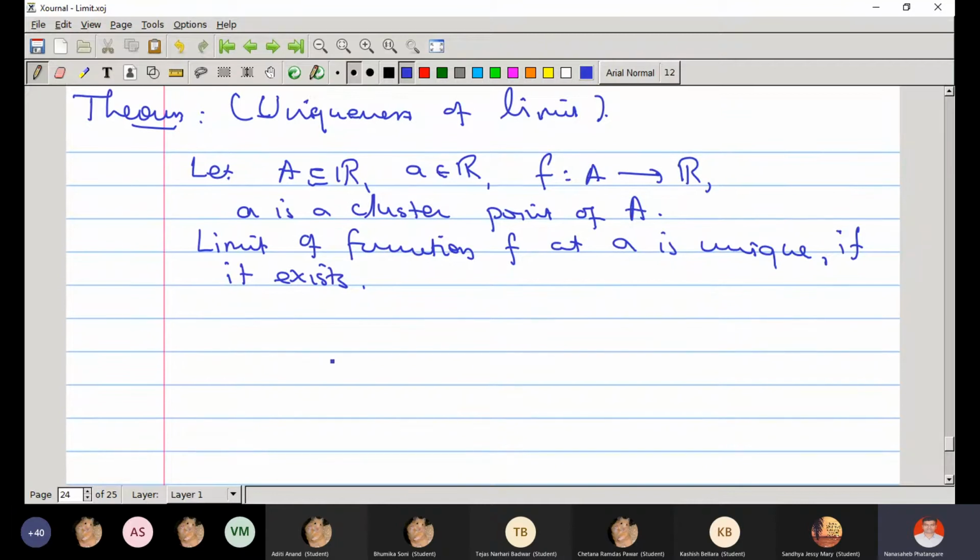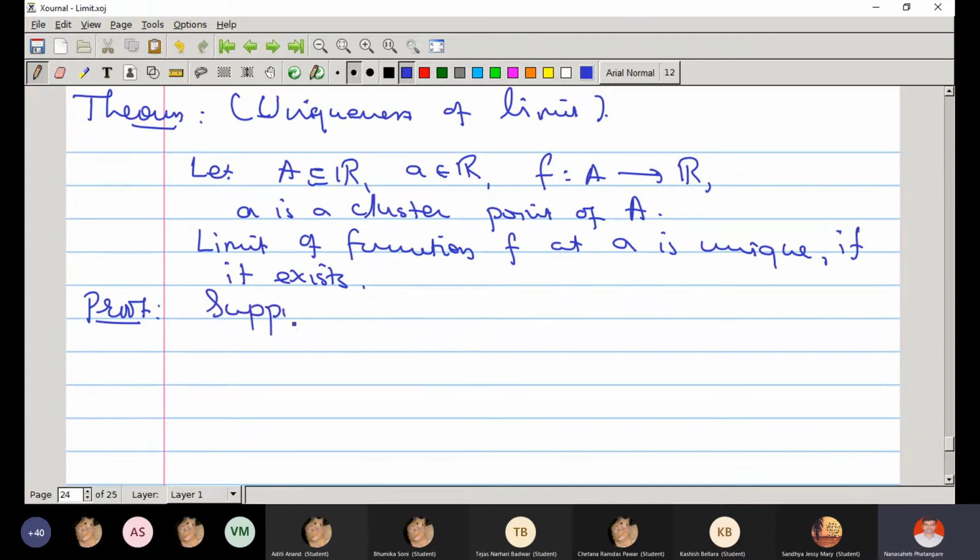If you are talking about limit at a, then it is unique if it exists, otherwise it does not exist, right? If it is not unique, then we say that it does not exist, correct? Okay, so how to prove this?